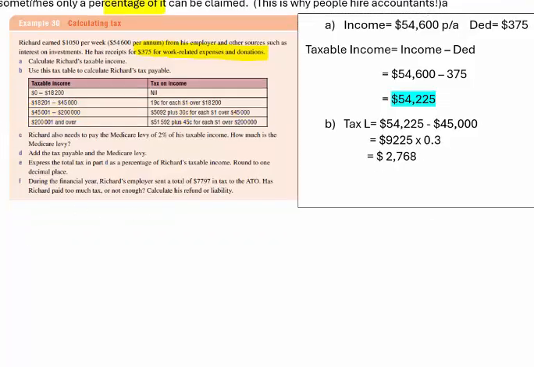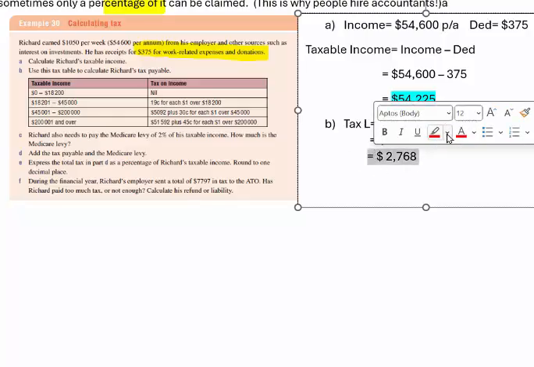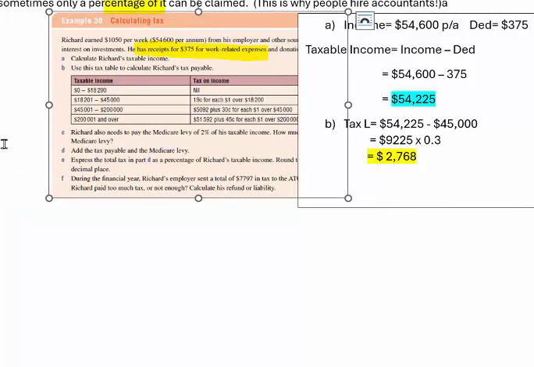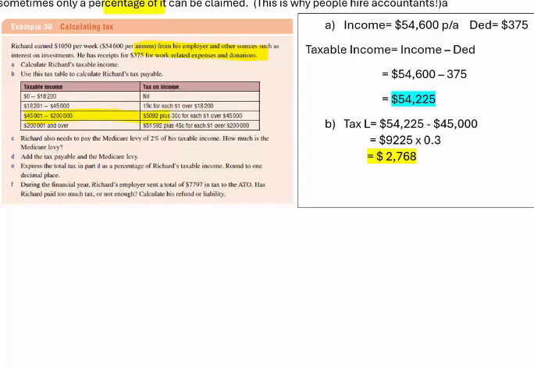I nearly made the mistake that I told you guys to avoid. This is actually how much tax is owed for that bucket that's in this tax bracket here. What we have to add is the $5,092 for all the money that's in the buckets beforehand, so in the tax bracket beforehand.